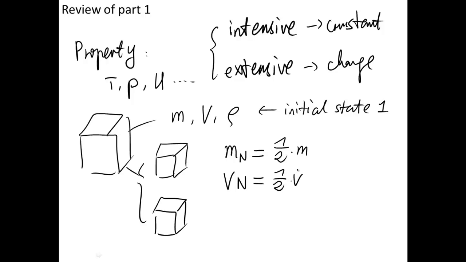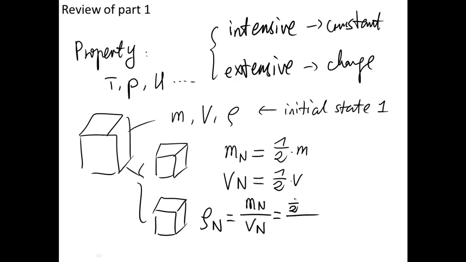So we know that mass and volume depend on mass, so they are extensive properties. And what about density? Since density is defined as the mass over volume, we can now calculate the density for the new part, right?